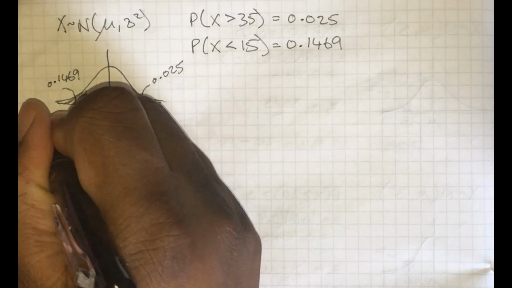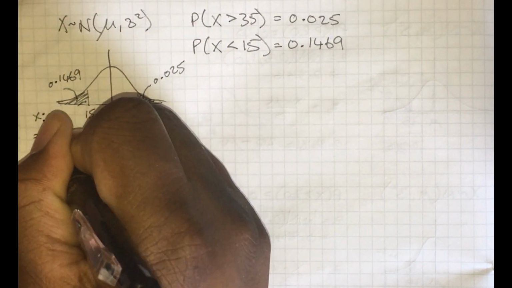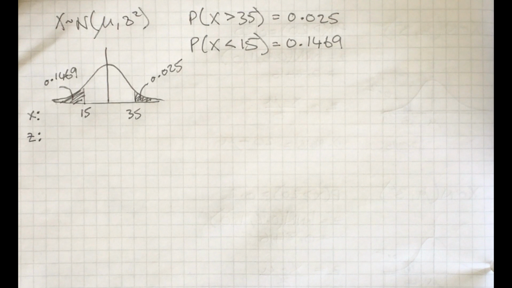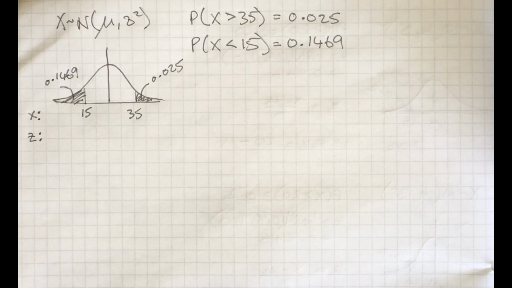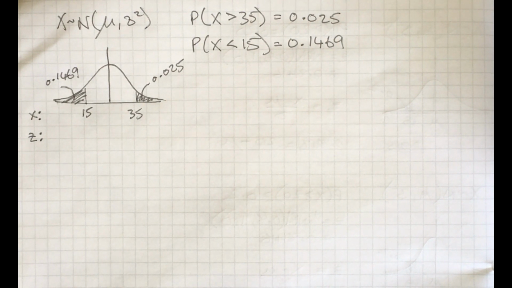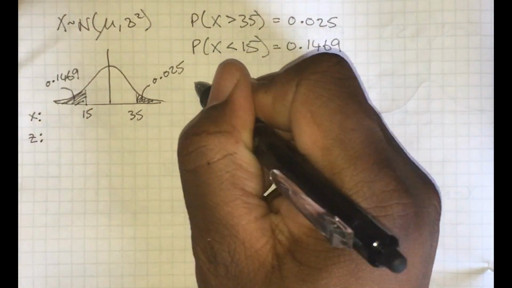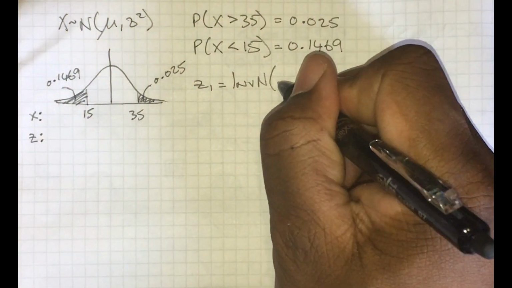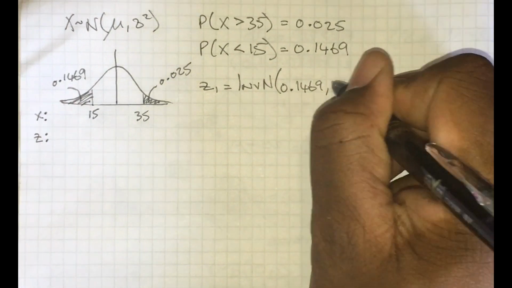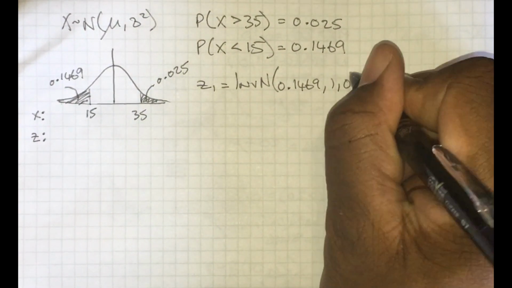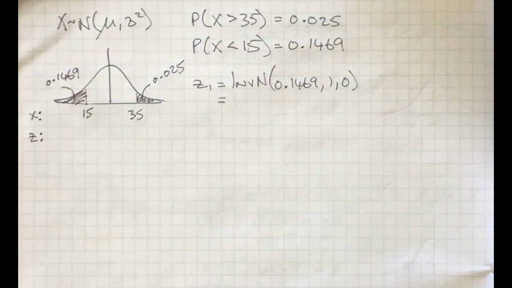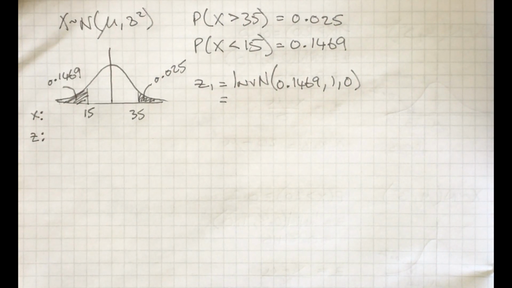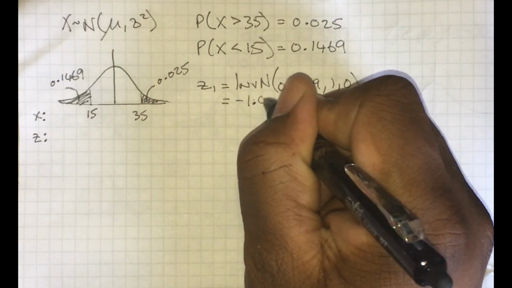So I've got two real world values, so two x values. Can I find the z-scores that match them? Can I find the corresponding z-scores? Well, yes, because I know the probabilities involved. So I'm going to go ahead and use the inverse normal function. So inverse normal of 0.1469 for the standardized distribution where the mean is 0 and the standard deviation is 1.